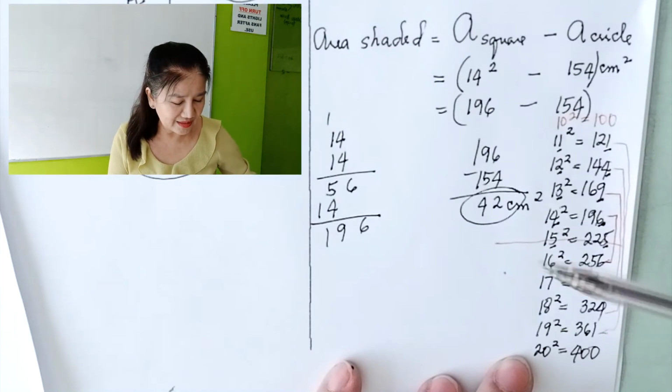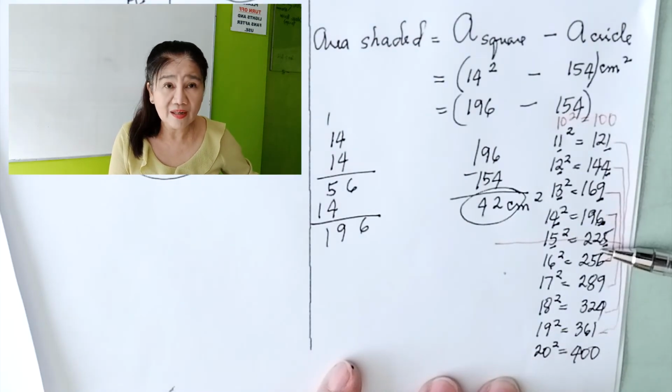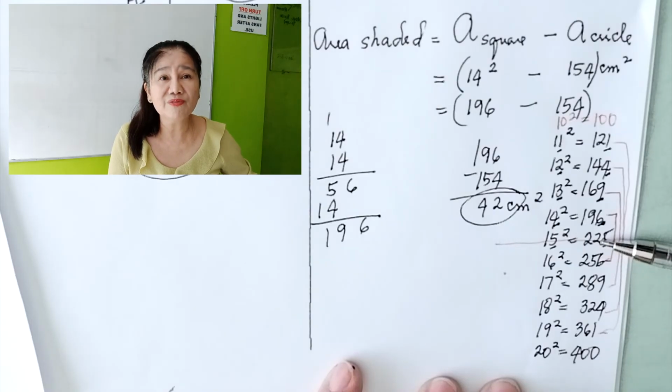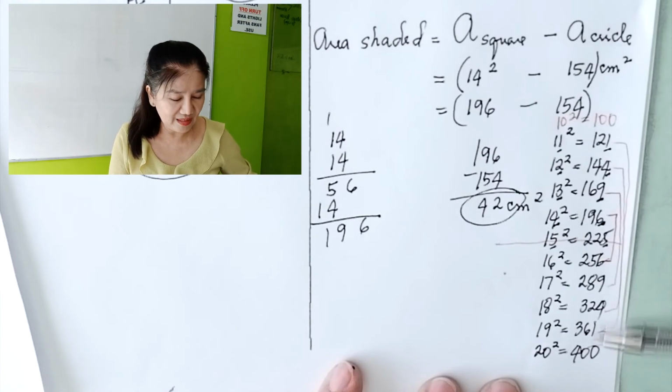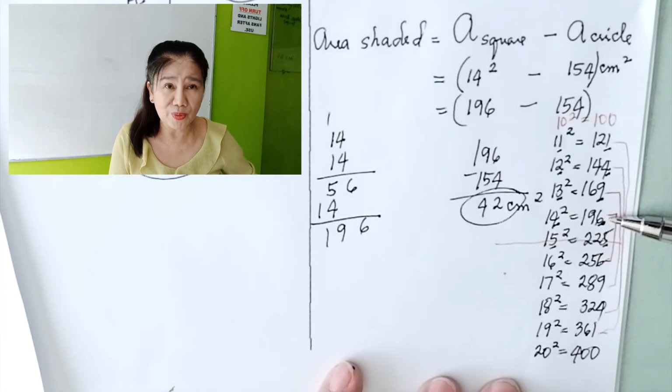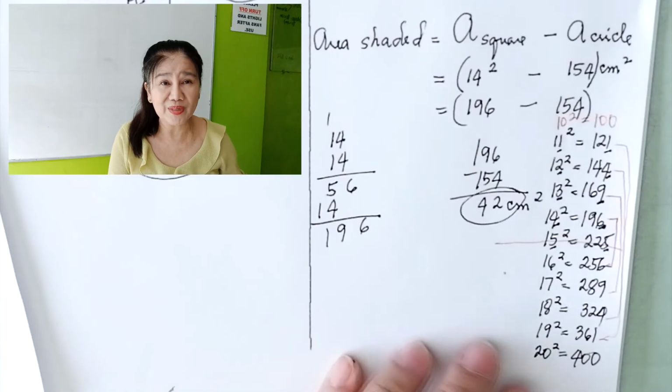After 15 squared, 225, all the numbers must be above 225. And before 15 squared, the numbers are below 225. That's my recommendation. Next, move to number 7.